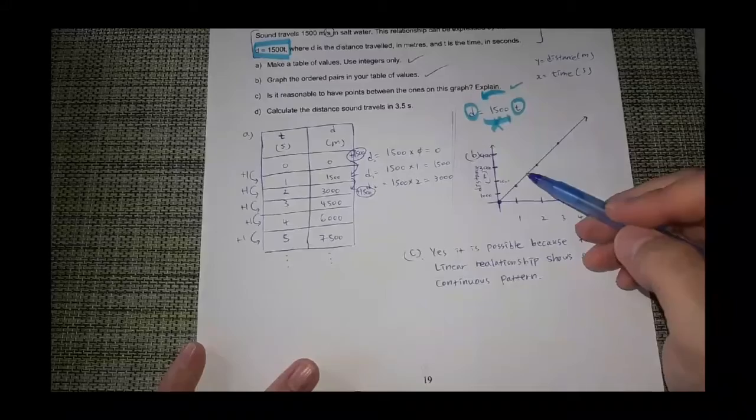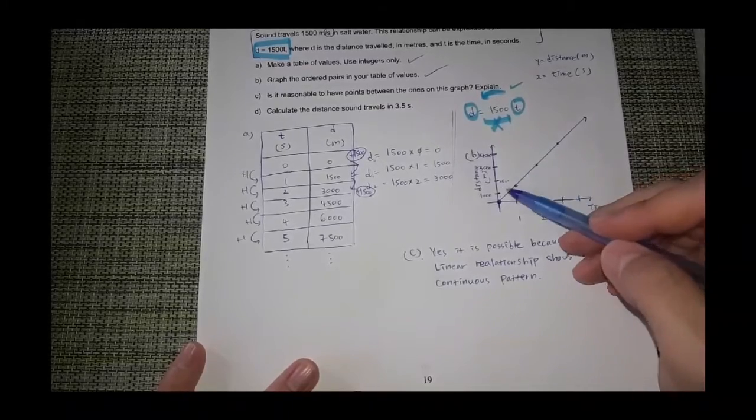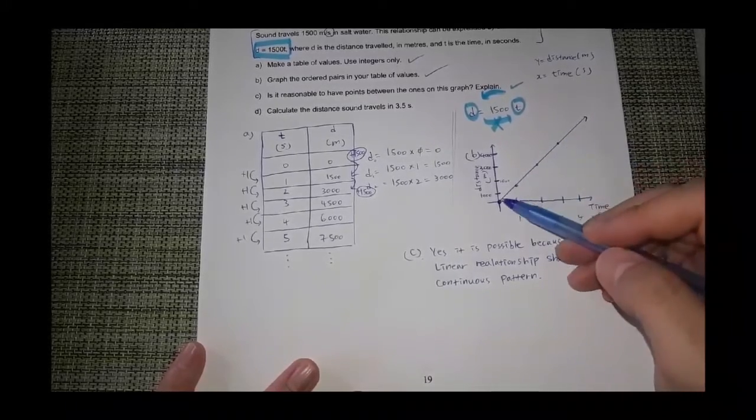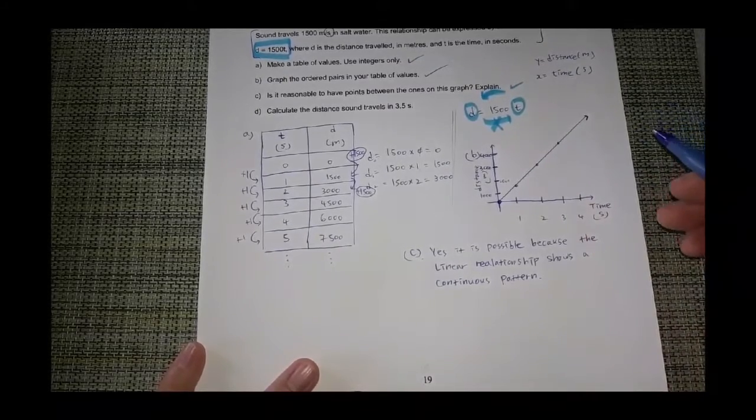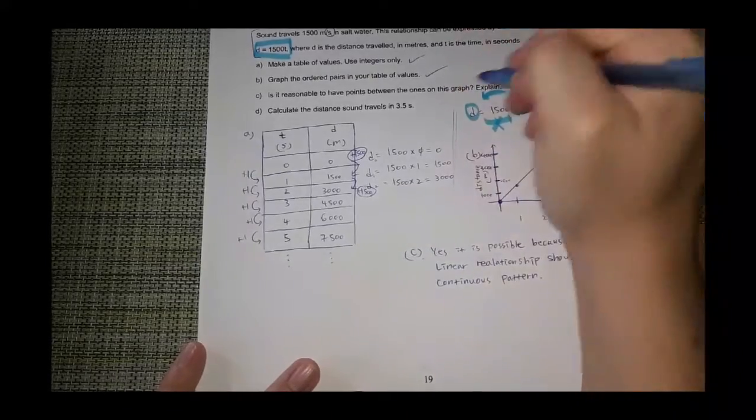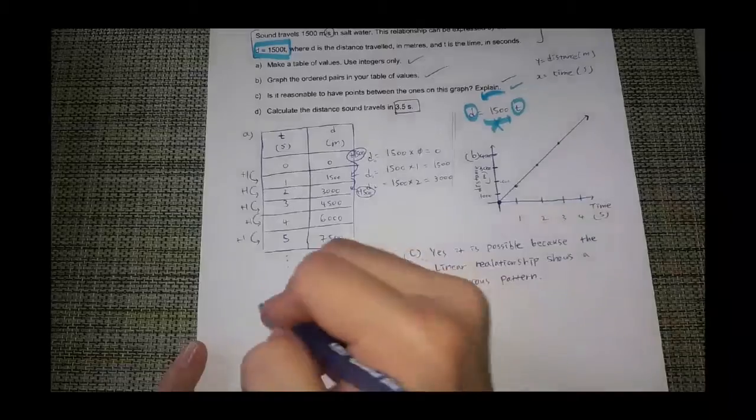So any type of coordinate can actually be placed on this line. Having the line means it's continuous, ladies and gentlemen. The only problem is then it should be in decimal. And that actually connects to my question D over here.